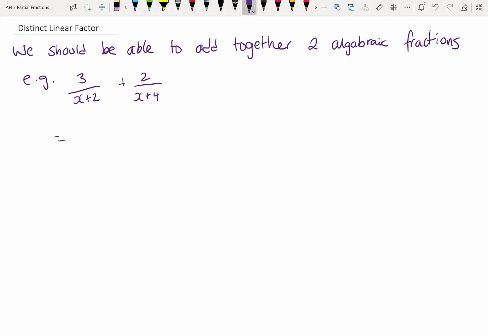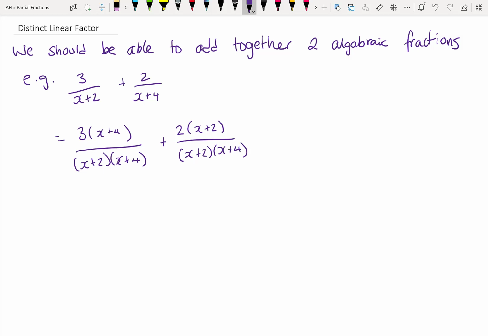So all we're going to do, multiply each side so we've got a common denominator. We've got 3 lots of x plus 4 over x plus 2, x plus 4, plus 2 lots of x plus 2, again over x plus 2, x plus 4.